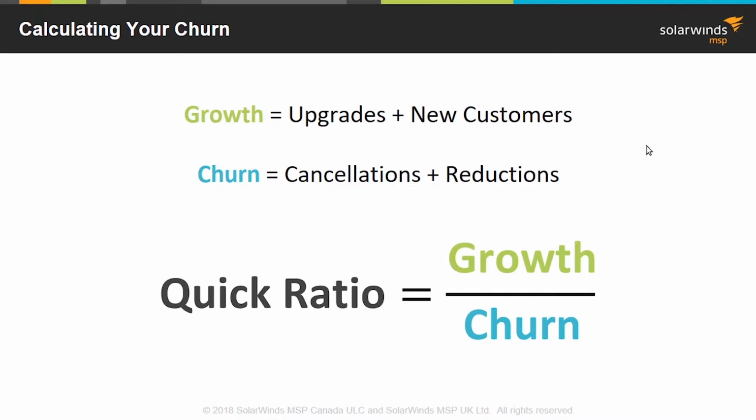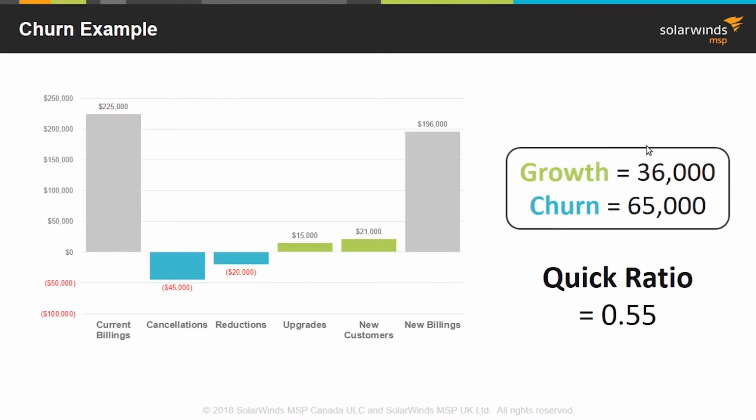Let's walk through a simple example. A business starts the month with $225,000 in monthly recurring revenue. Over the course of the month, 2 large customers cancel for $45,000 in losses. And 3 customers reduce their services, totaling $20,000 a month in losses.